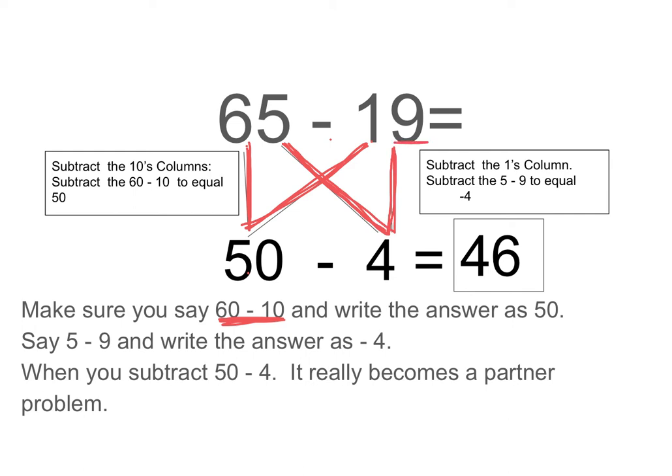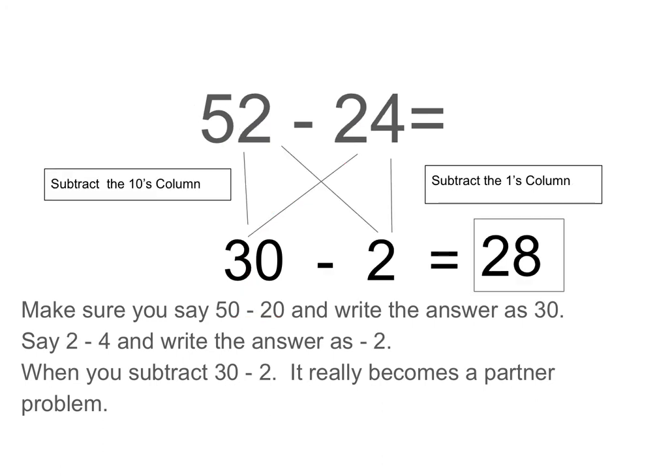Notice the 9 is larger than the 5, so it's going to be a negative 4. Then, using your partners that you know so well, 50 subtract 4. Well, you know 4's partner to the next 10 is 6, and we used one of the 10s, so the answer equals 46.